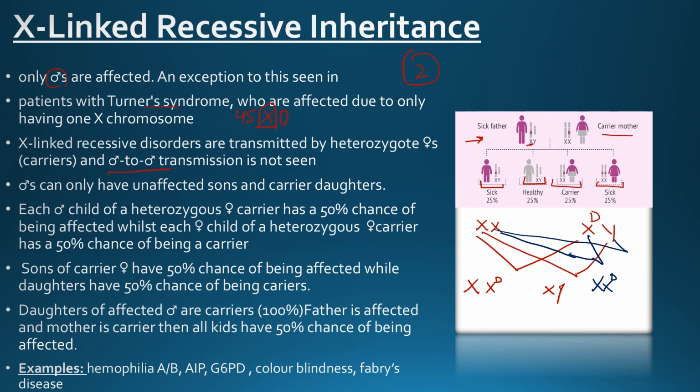This will result in all the daughters being carriers and all the sons being healthy. And why? Because the daughters have only one mutated gene, whereas the sons are completely normal with no mutated gene.